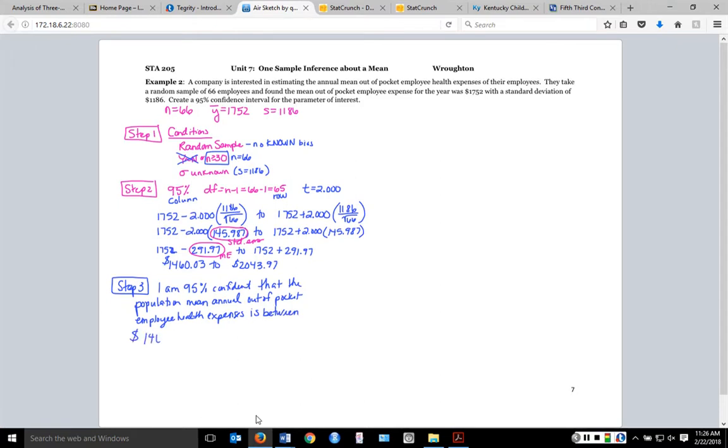Between our $1,460 and our $2,044-ish dollars.